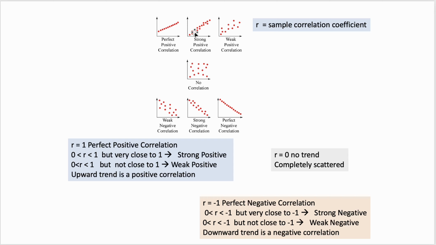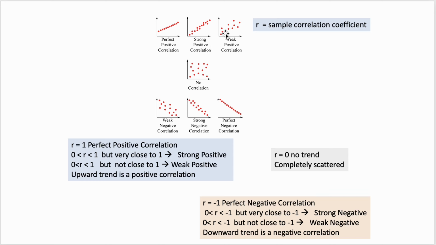The next one is a strong positive correlation. The dots, the data values, are not perfectly on a straight line, but they are close to being on a straight line. So we're going to call that a strong positive correlation.